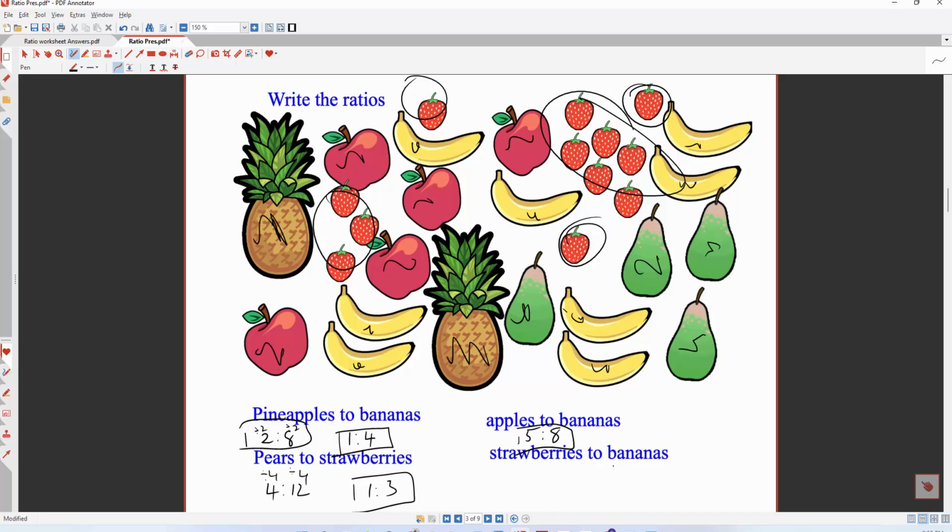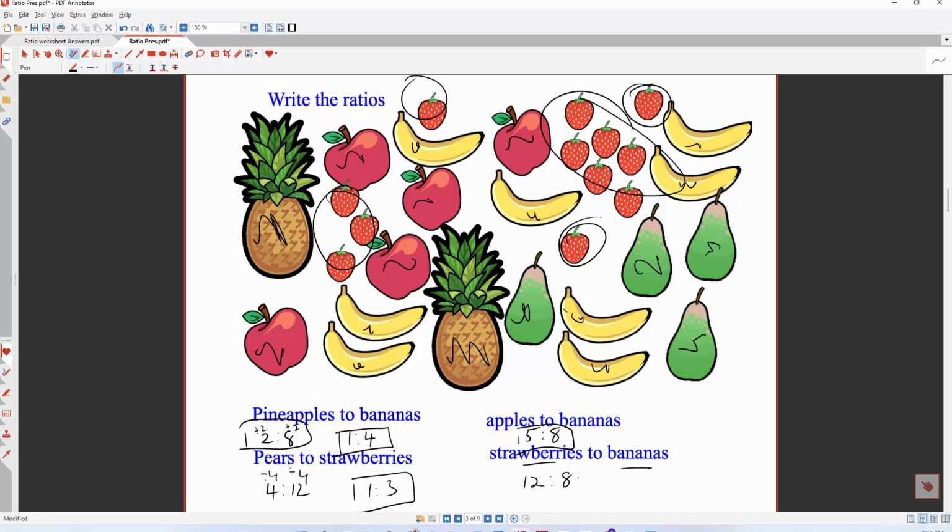Okay, strawberries to bananas. So how many strawberries did we have? We had 12 strawberries, and we had 4 bananas. No, 8 bananas, wasn't it? How many bananas were there? 1, 2, 3, 4, 5, 6, 7, 8. Yeah, 8. So 12 to 8. Now notice that order is important. Strawberries is first, so this number goes first.